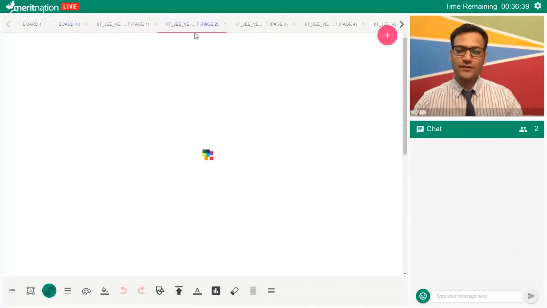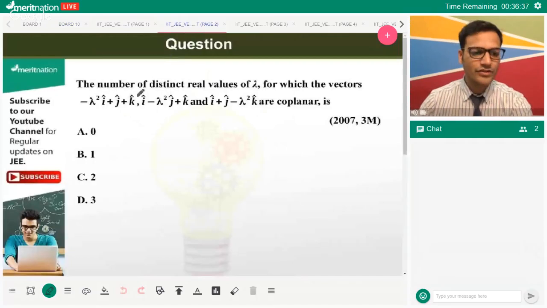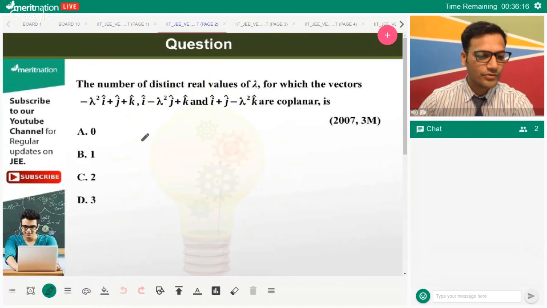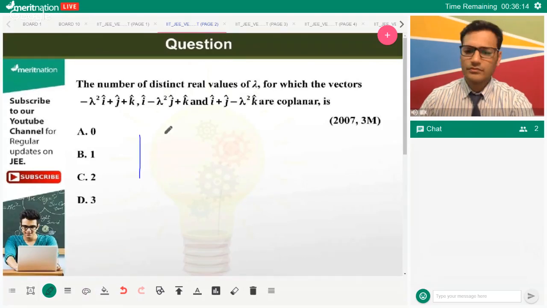Let's see a few questions based on that. The very first question on the board, a very, very simple question. The number of distinct real values of lambda for which these vectors are coplanar. As soon as the question says that the vectors are coplanar, the scalar triple product must be equal to 0. So over here, you will calculate the determinant.